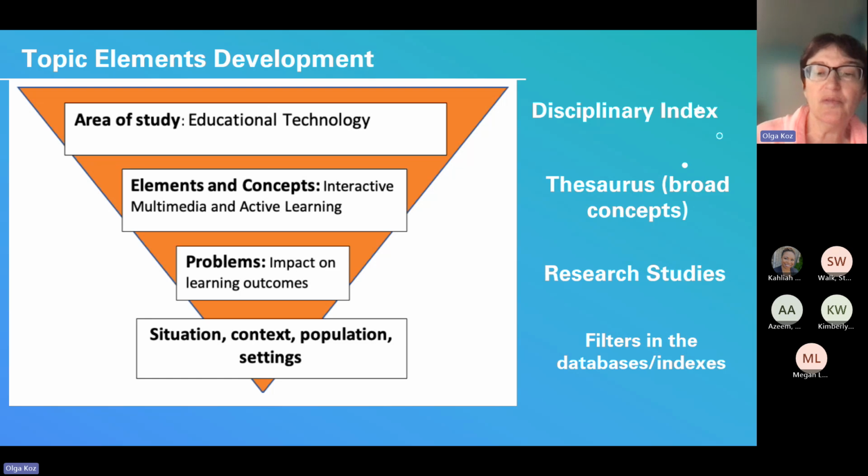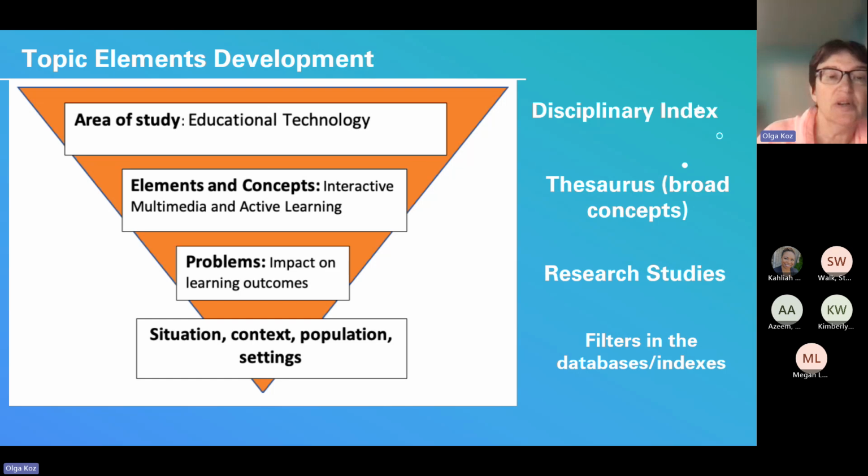Look for similar research studies and what topics are there. Find similar research studies that have a similar research question. Limit your search by population, setting, or context. That's why you're reviewing literature at the same time, simultaneously.